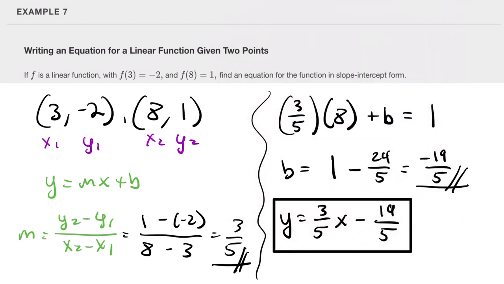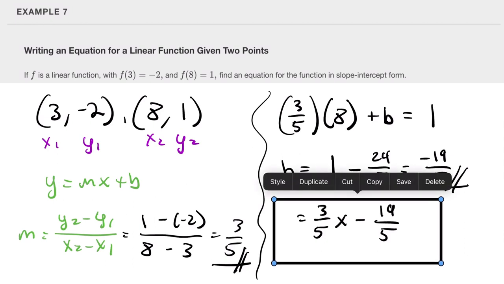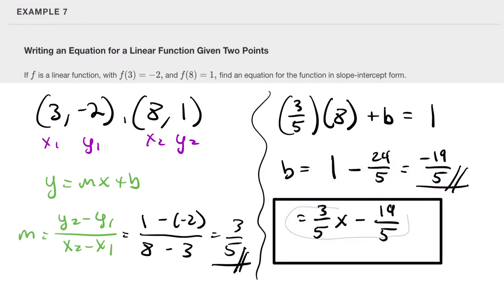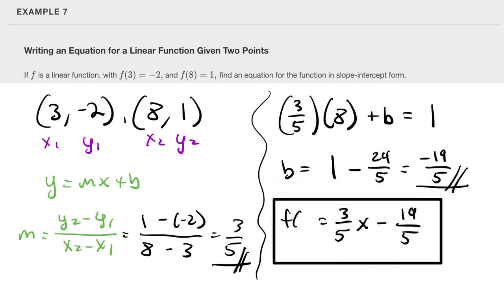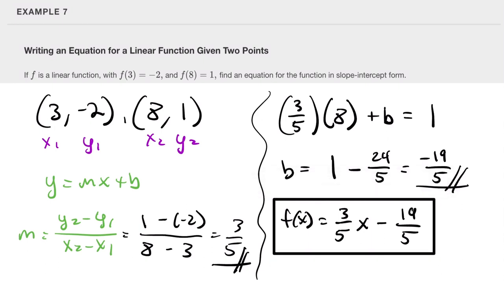Okay. And then we can check, oh, it's f of x. So we definitely need to put this one in f of x because that's how the question started. Okay.